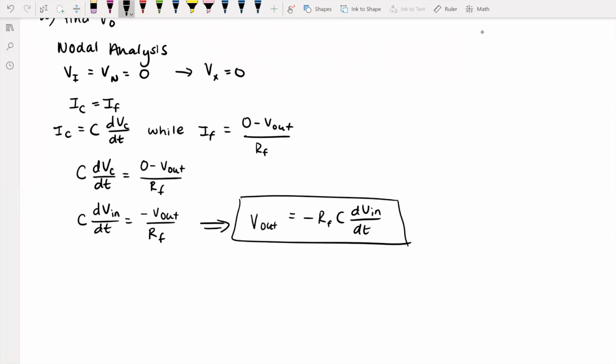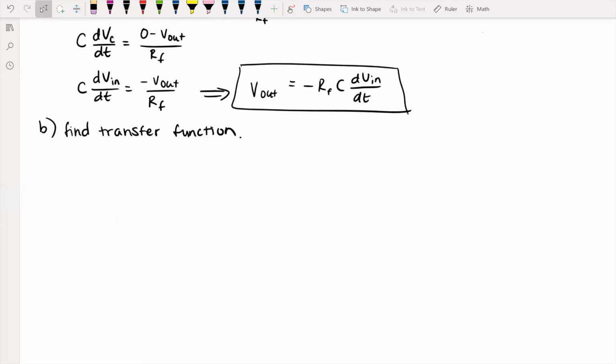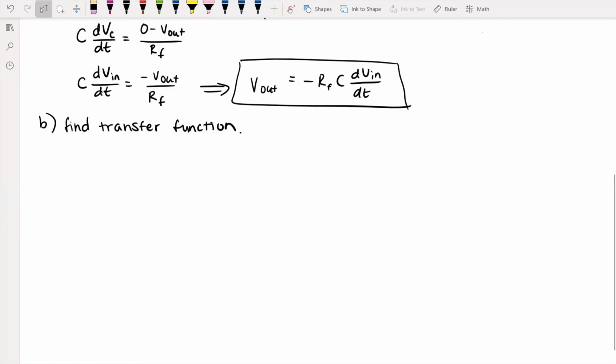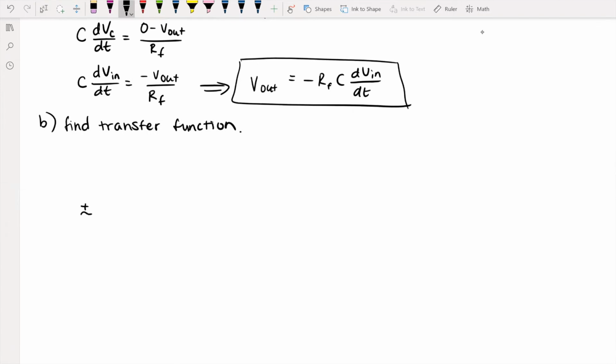And so for B, we find the transfer function. We're going to do this a little differently. We're going to instead convert this circuit into the Laplace domain, or the frequency domain. So it's going to look actually really similar.